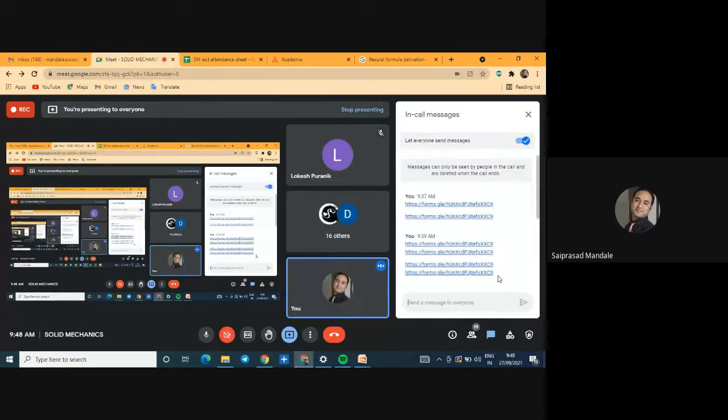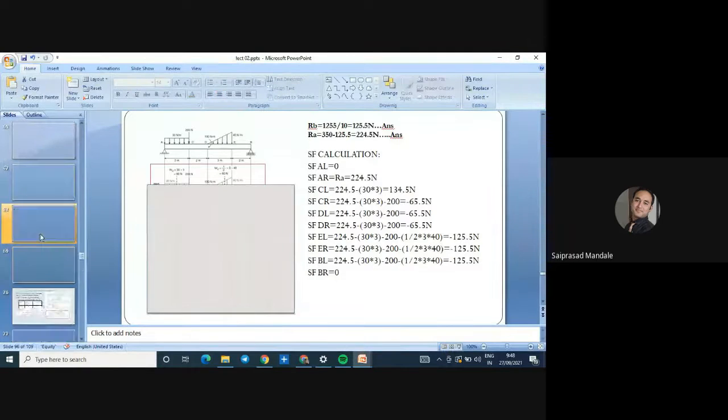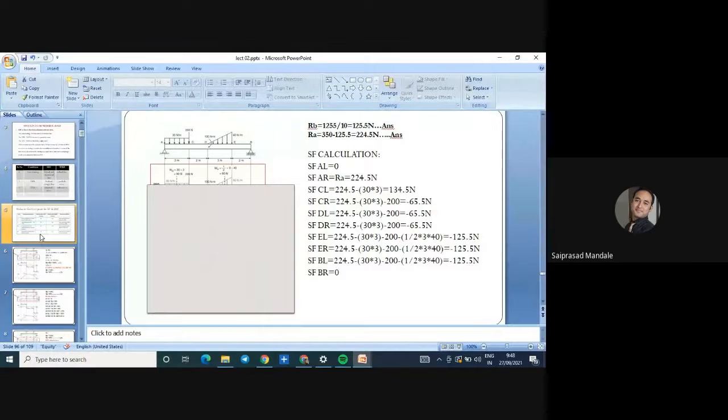See, whatever calculation we are doing now, the reaction calculation, shear force calculation, and bending moment calculation, those carry only 50% weightage, and the diagram carries 50% weightage. So there should not be confusion about what type of load is there and what type of diagram we have to draw. It should be very clear.